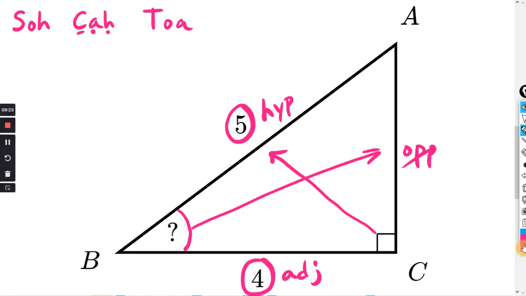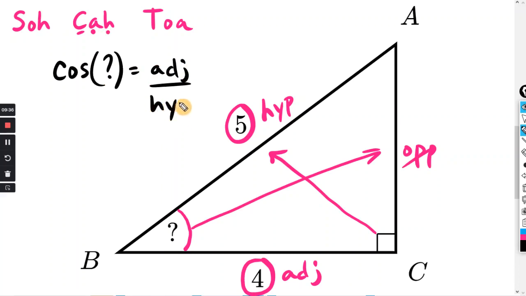All right, so cosine, the angle is the question mark, so a cosine of the question mark is going to equal adjacent over hypotenuse. All right, now filling in the numbers, leave space on both sides. We have cosine of question mark.